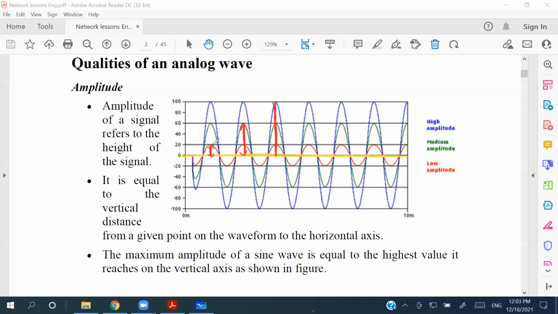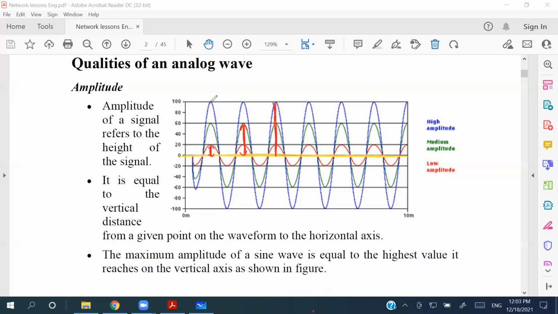Just by looking at one particular wave, you can't say whether it is low, high, or medium if there is no criteria to be considered. When you have three things, you can compare what is low, medium, and high. Anyway, the amplitude defines the height from the time axis to the highest point of the wave.